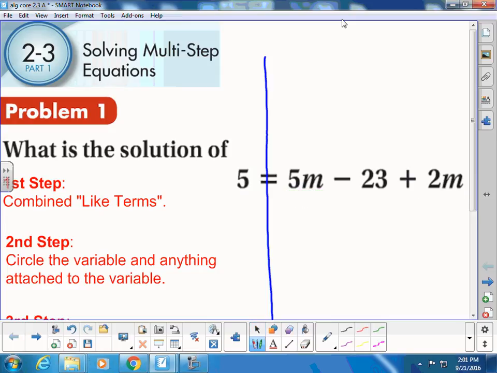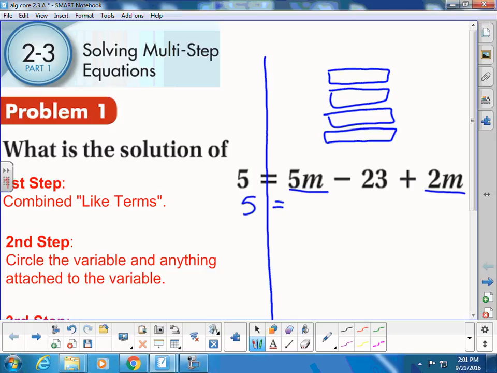So I'm going to rewrite this equation. 5 equals, I have 5 m's and 2 more m's. So altogether we have 7m minus 23.